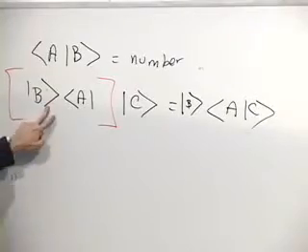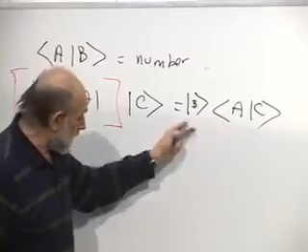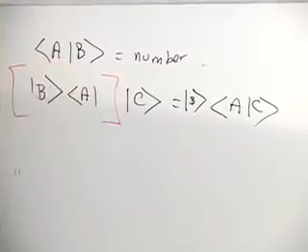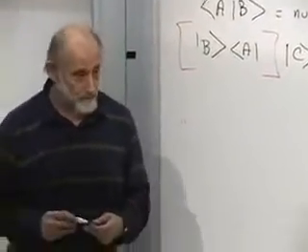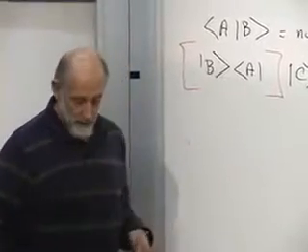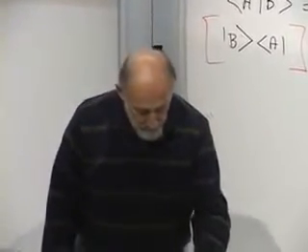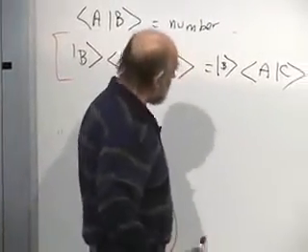This is an operation on vectors which give vectors times numbers. Vectors times numbers are vectors. The outer product of B with A is legitimately a linear operator. Cool? It's a dyad. It's called a dyad, and that's what it is. Okay, that's one important observation.